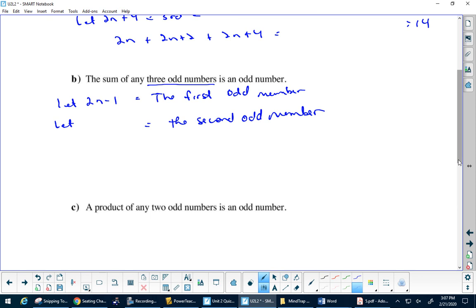See, this gets tricky, right? We want it to be maybe a different number, so we're going to call it 2m minus 1. And then let 2p minus 1 equal the third odd number.